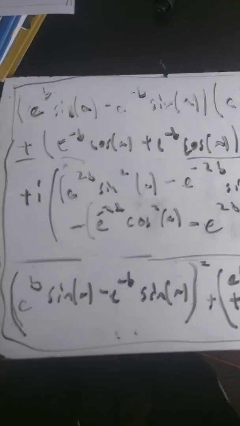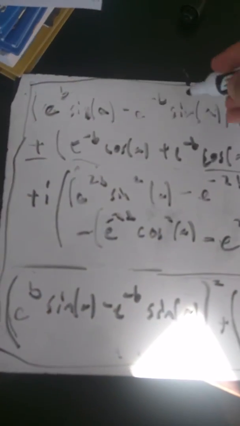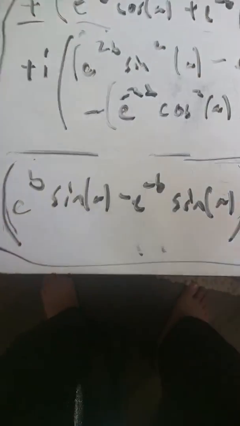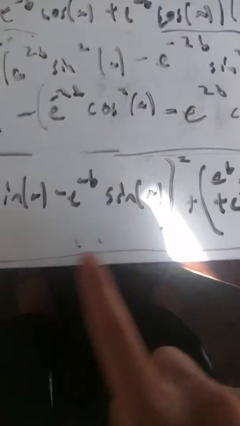So now, draw a box. We found the tangent of a complex number, since the numerator is a complex number and the denominator is a real number, so this works out well.